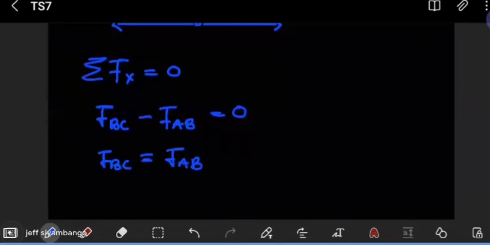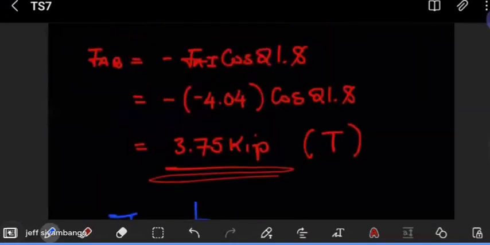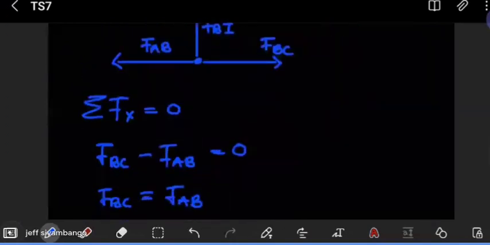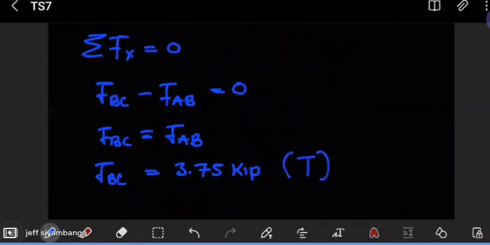But we do know AB, we just found it. AB is 3.75 kip. This implies that BC is also 3.75 kip. So BC was straightforward, and we conclude its orientation is fine, it is in tension.